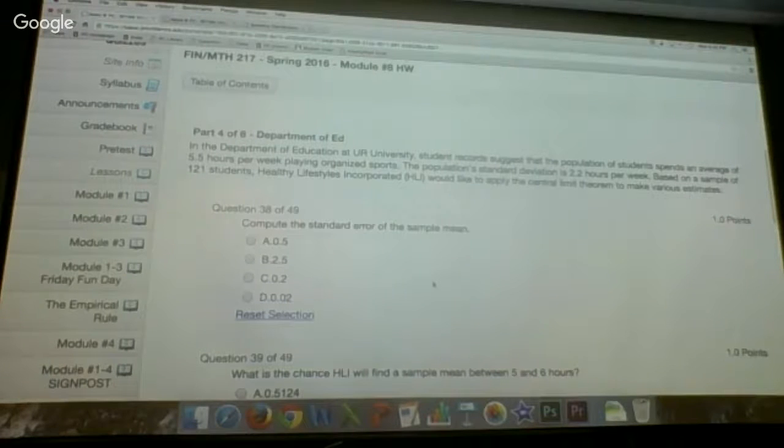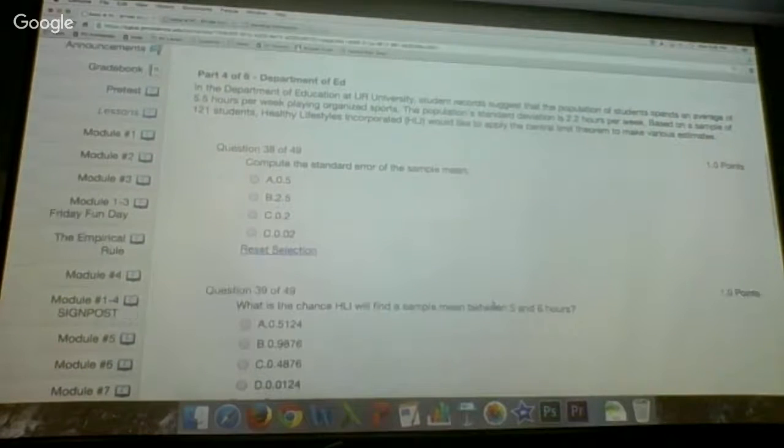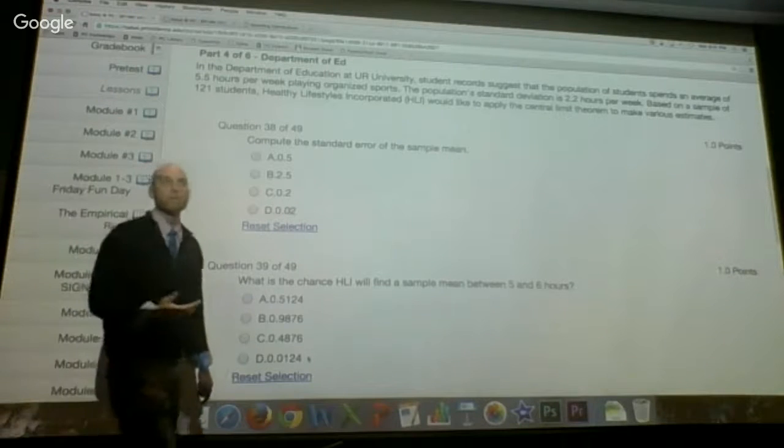We got 38: sample mean between 5 hours and 6 hours. Look at these choices. The central limit theorem tells us that the distribution of sample means will be normal.